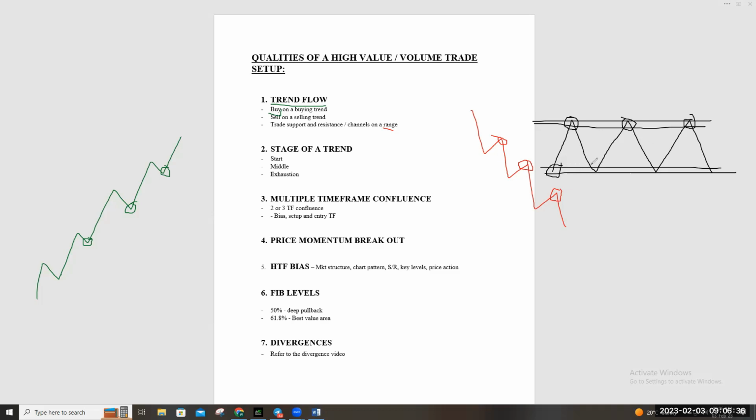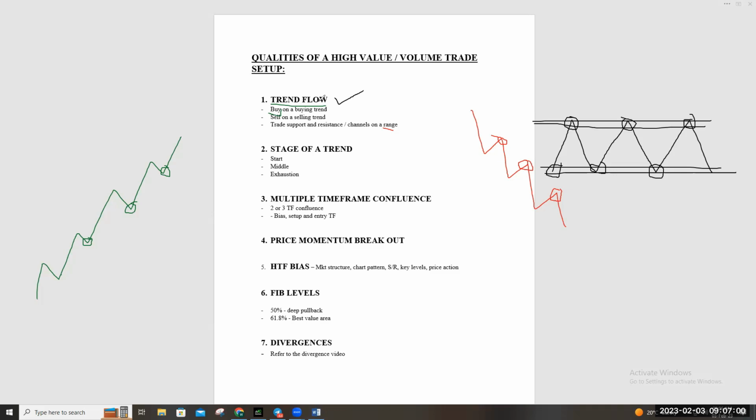So if you do this kind of trading, where you're doing the buys on the buying cycle, the sells on the selling cycle, and the support and resistance on the range, then we say that you are trading with the trend. Note, do not trade against the trend if you want to take a high value trade setup, because you'll be going against the trend flow.